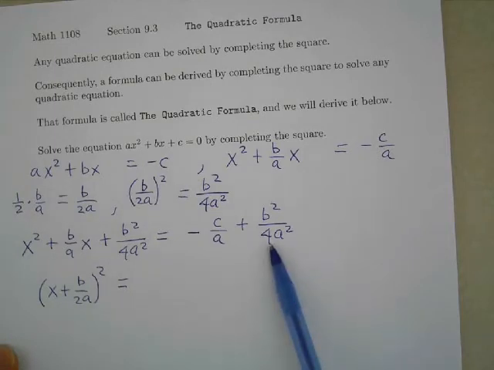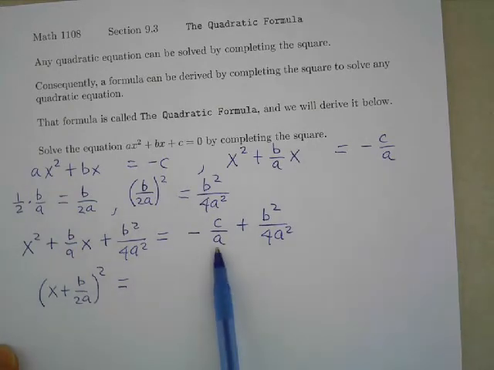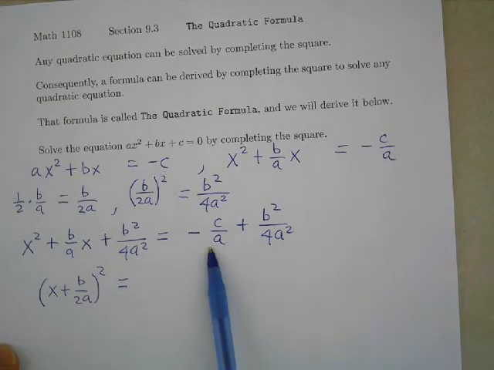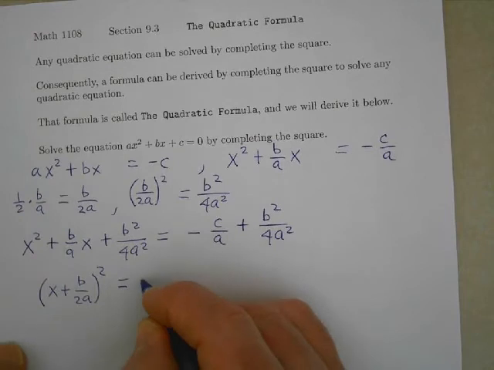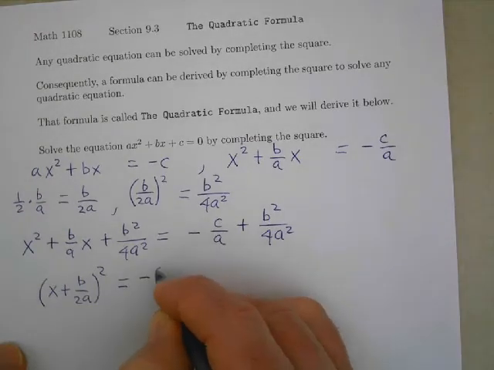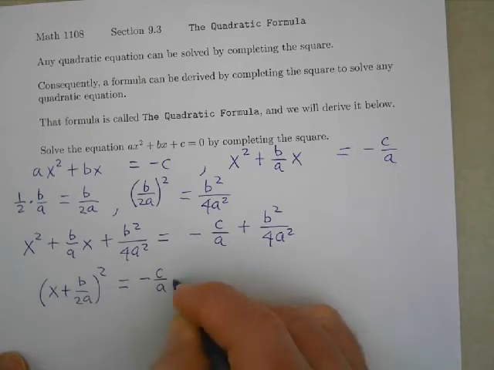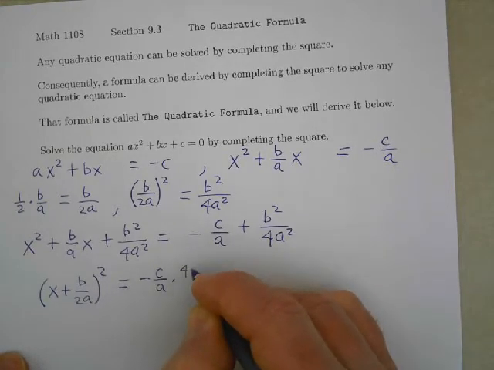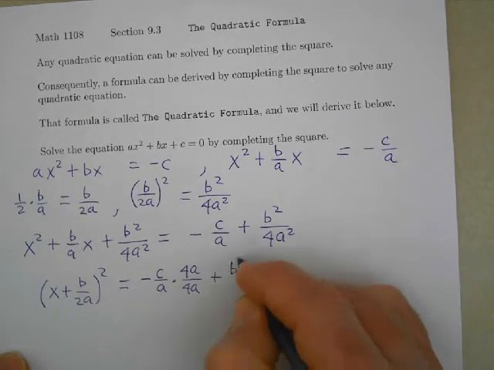The least common denominator is 4a squared. So we multiply negative c over a by 1 in the form 4a over 4a, and that's added to b squared over 4a squared.